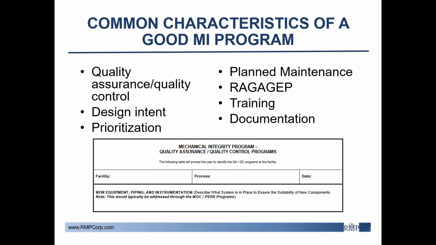It helps ensure that personnel assigned to inspect, test, maintain, procure, fabricate, install, decommission, and recommission process equipment are appropriately trained and have access to appropriate procedures for these activities. It maintains service documentation and other records to enable consistent performance of MI activities and to provide accurate equipment information to other users, including other process safety and risk management elements.